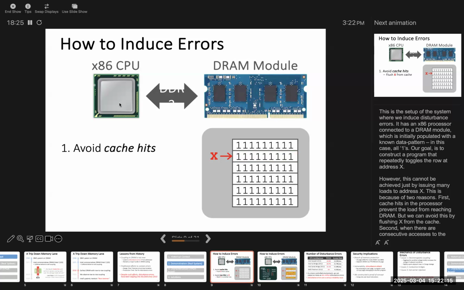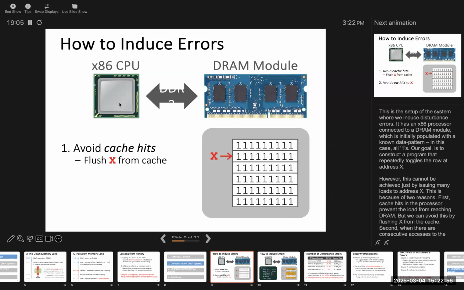Because every time we want the rows to be closed and opened. The first time we read the data, it is definitely brought into the cache. So if we want the row to be closed next, we need to flush the data out of the caches, so that the row is closed. And then next time when we read it, it is again brought from the memory into the cache.